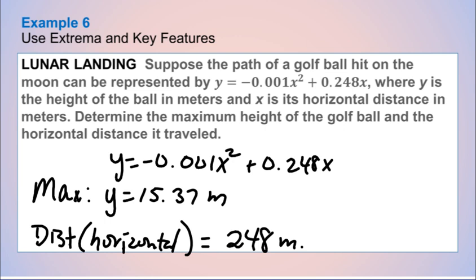Now this one you could have completed the square, but I think for this one the easier way would be using your graphing calculator to come up with your maximum and the distance of travel.